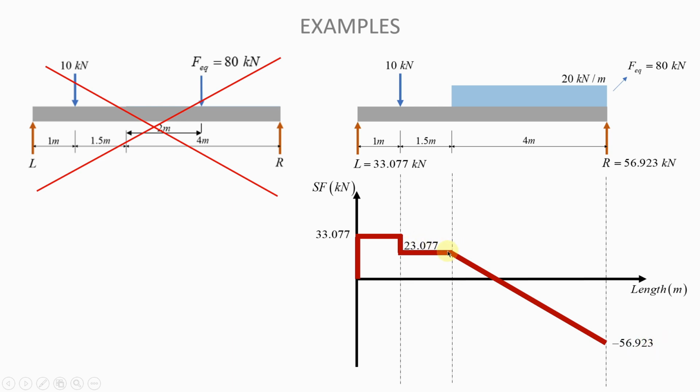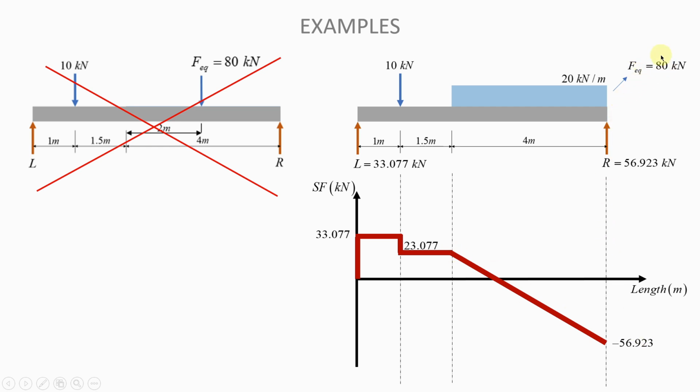And so from the start of the UDL to the end of the UDL, you must go down by 80. And so because you start at 23.077, going down by 80, you will end at minus 56.923.